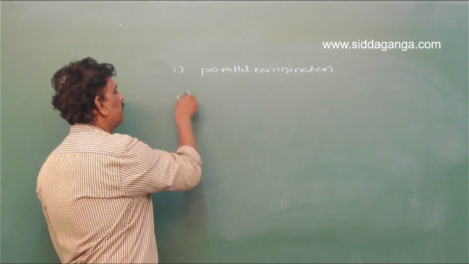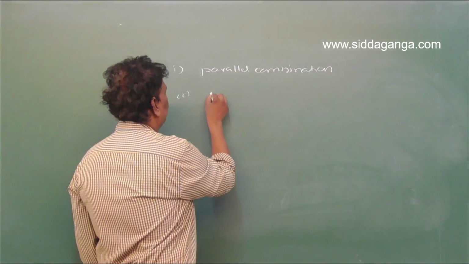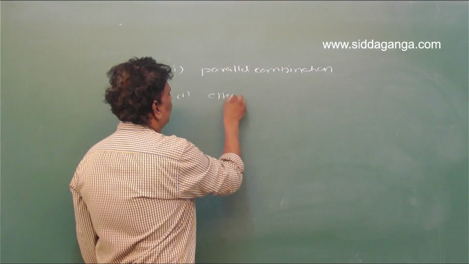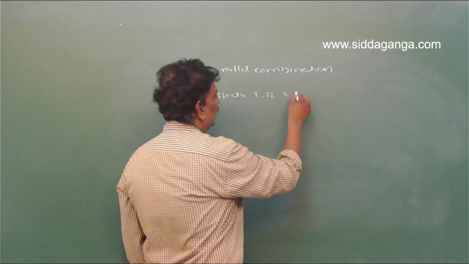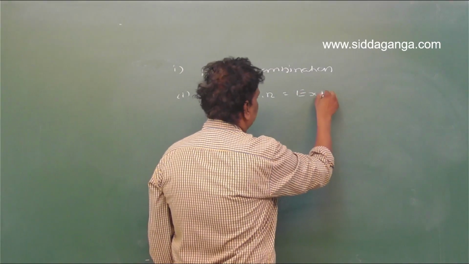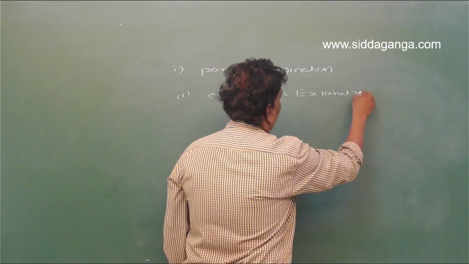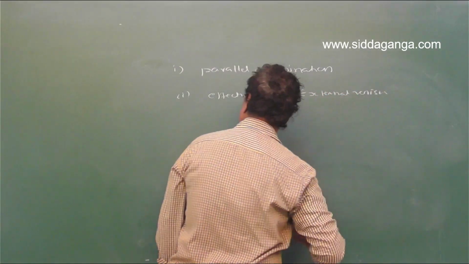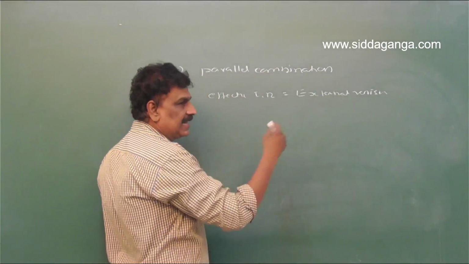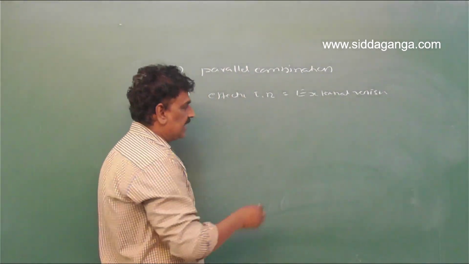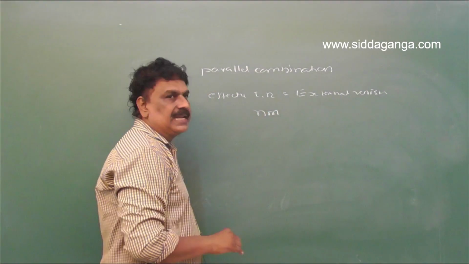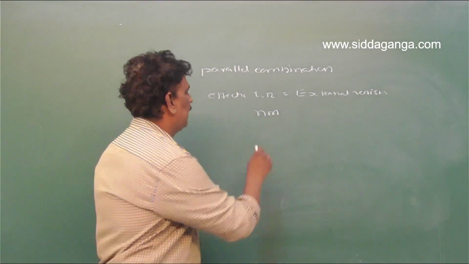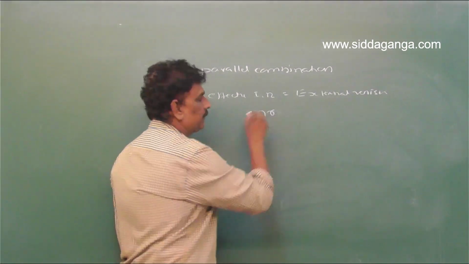And the second important condition is that the effective internal resistance is equal to the external resistance. If n cells are connected in series, then the effective resistance in each row is n into r.